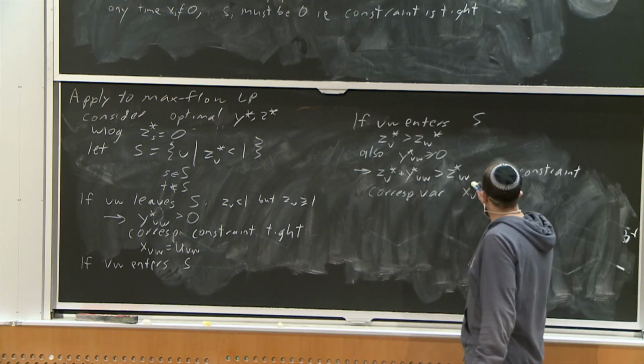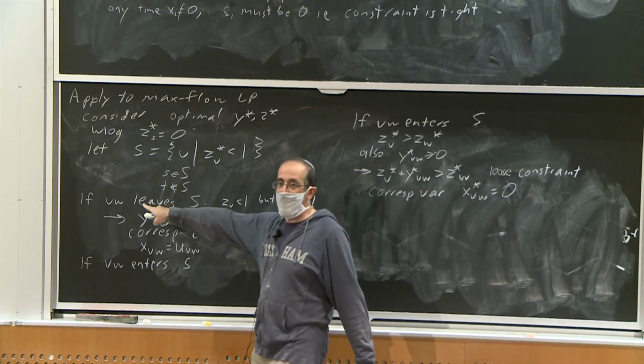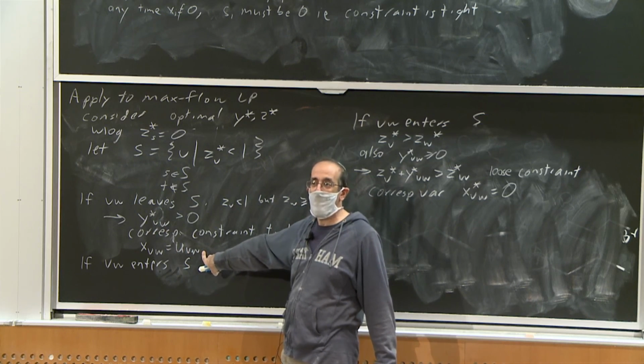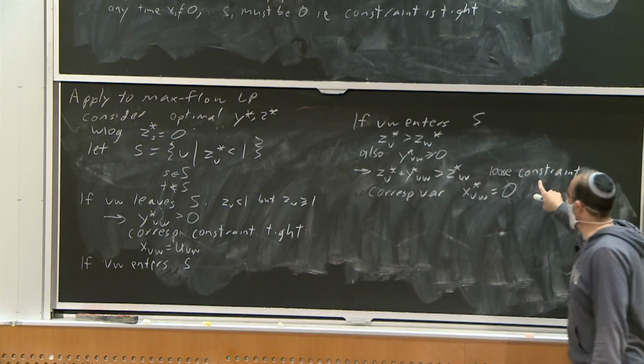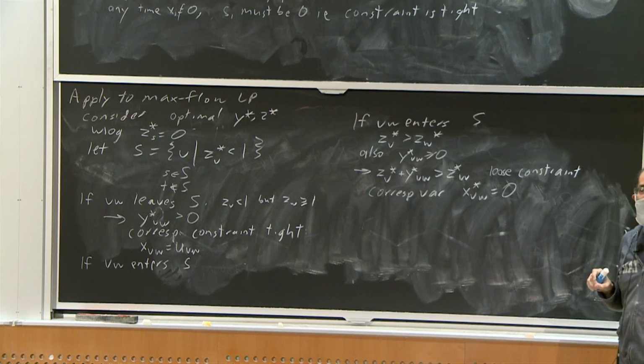So put these things together. If VW is leaving S, then the flow is equal to the capacity. The edge is saturated. If VW is entering S, then the flow on the edge is 0.